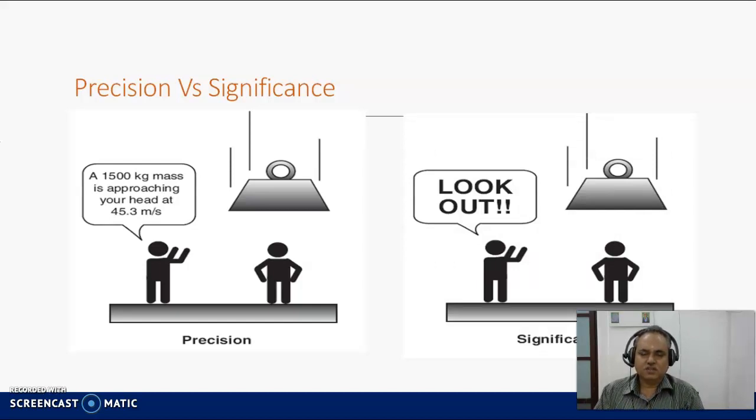So the left one is the precision, and the right one is called the significance. In most engineering problems and real world problems, we need significant information rather than precise information. With this we will conclude, and we will continue in the next.